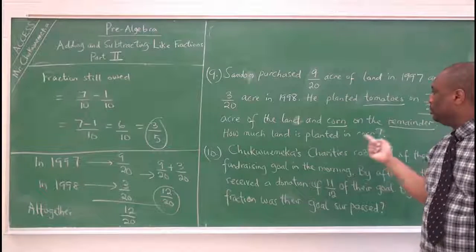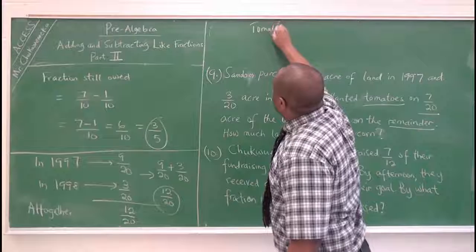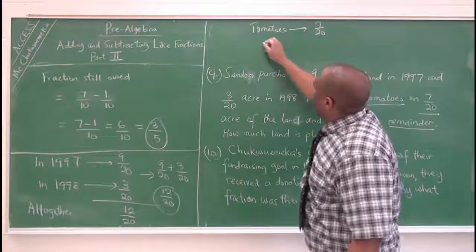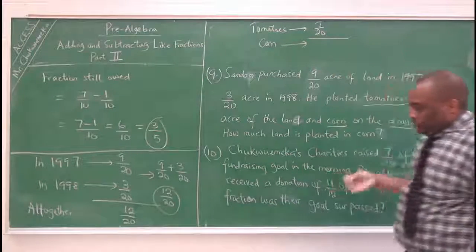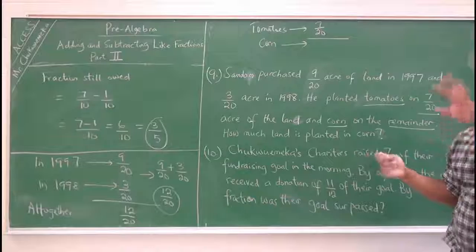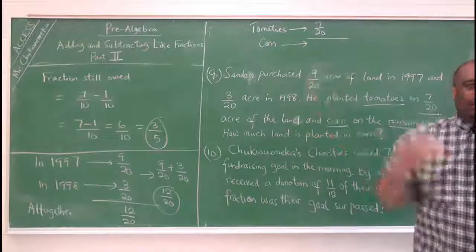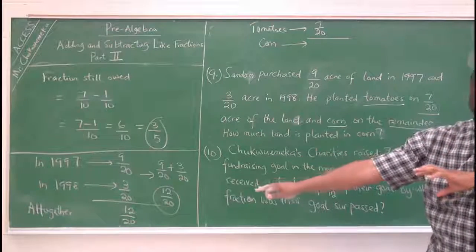He planted tomatoes on 7 out of 20. Now corn will be what? From this 12 out of 20, he took 7 out of 20 to plant tomatoes, and then the remainder, he planted corn.